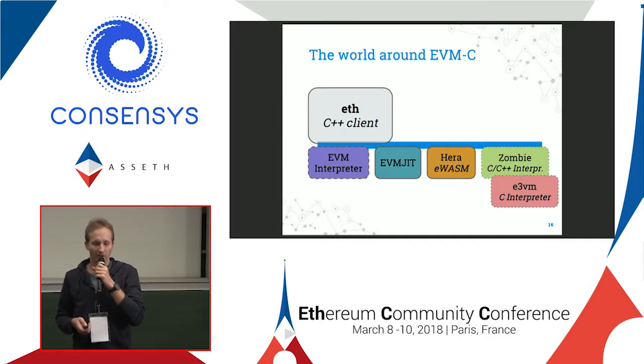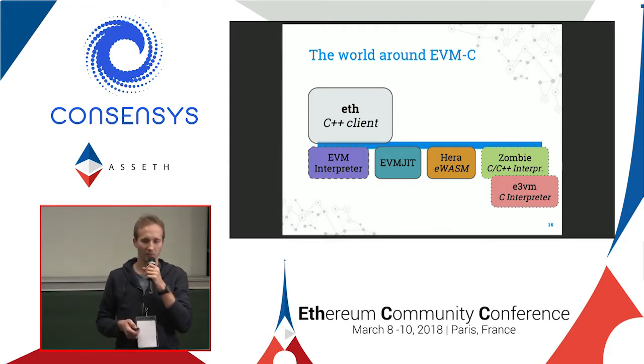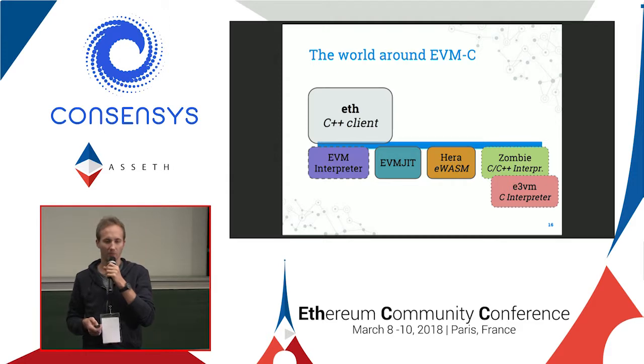And there is more. There are two I wanted to mention that are prototypes, or projects that didn't kick off yet. One is probably the new C++ interpreter called Zombie by Greg Colvin.